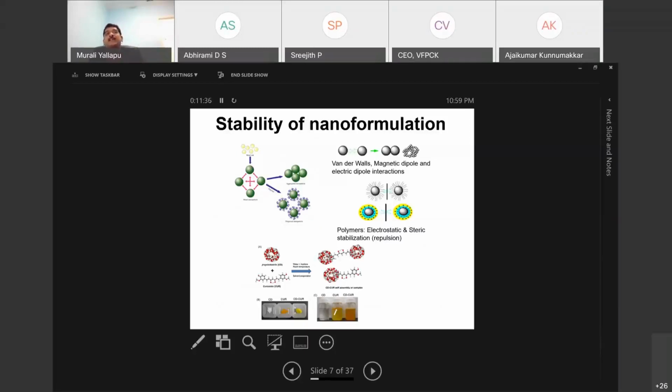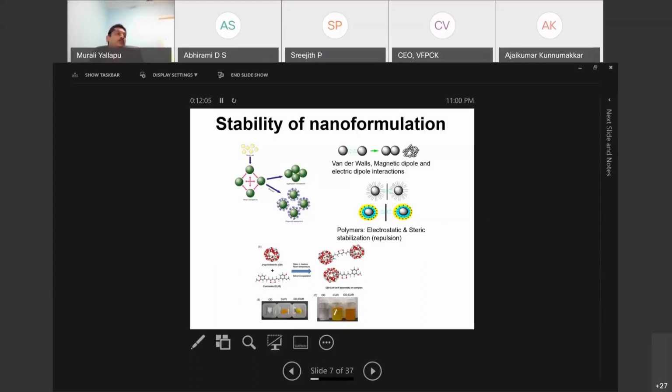The next most probably important factor is stability of these nanoparticles. Since they are smaller in size, they have more tendency to aggregate. Once they aggregate through van der Waals forces or magnetic dipole-dipole interactions, the particle size is going to be larger and larger. Therefore, they may have a tendency to precipitate.